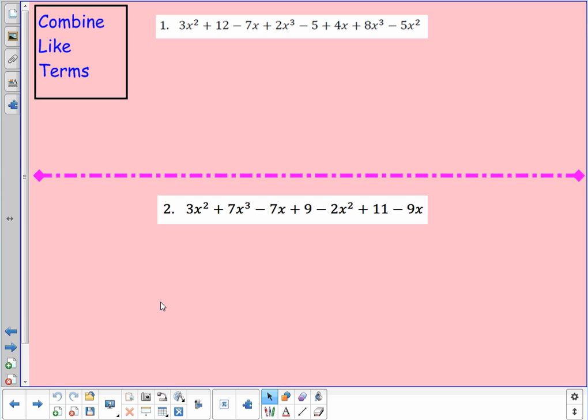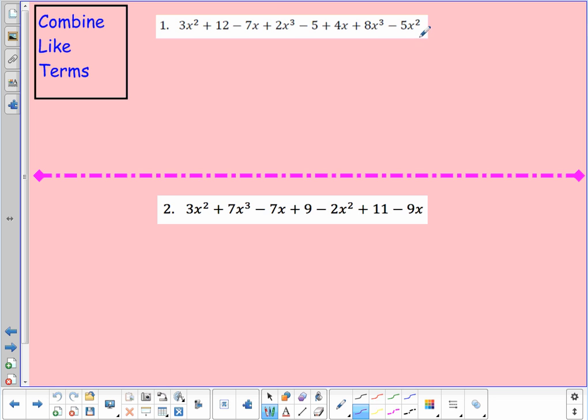We just want to combine the like terms that are given to us in this big long polynomial in number one. So the way that I do this is I want to first look through my terms and find the largest power. Here I have a power of 2, that's a constant, power of 1, power of 3, constant, 1, 3, 2.